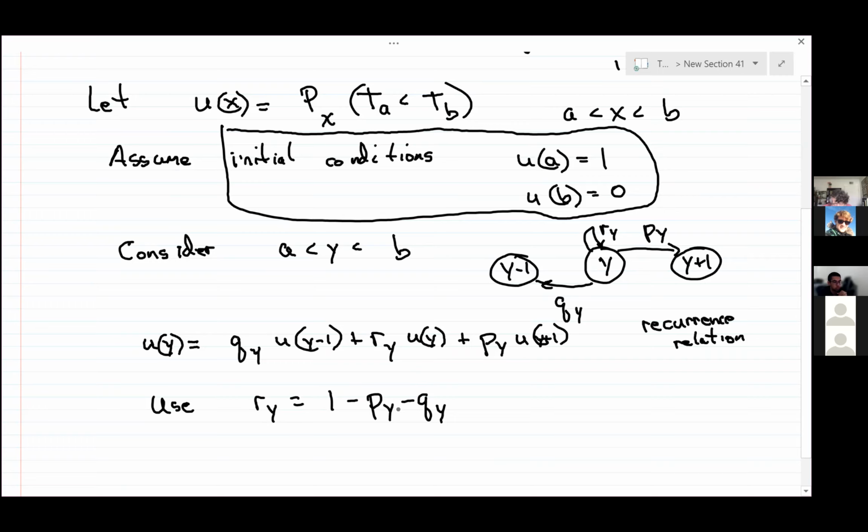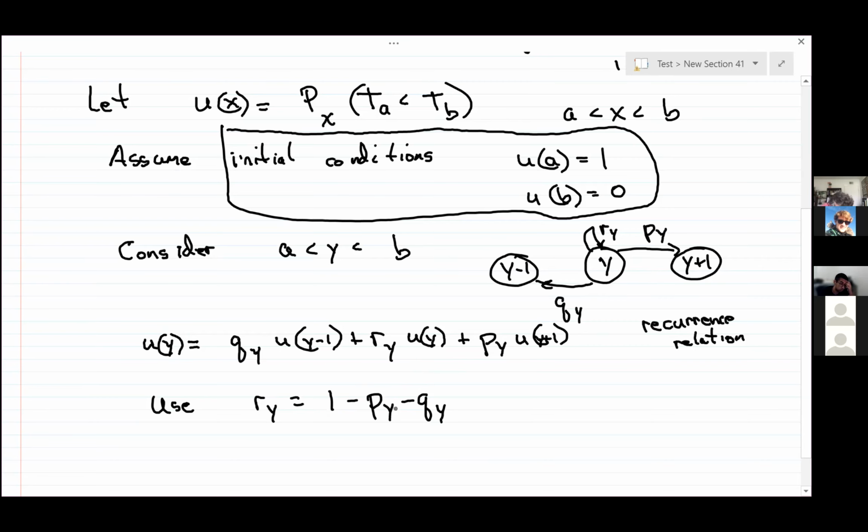And again, you could bring these two probabilities to the other side. That's simply saying the probabilities emanating from y have to total 1. You either go down, you remain here, or you go up. So the probability of going to one of those three places is equal to 1. And if you solve for the return probability, you will get this.